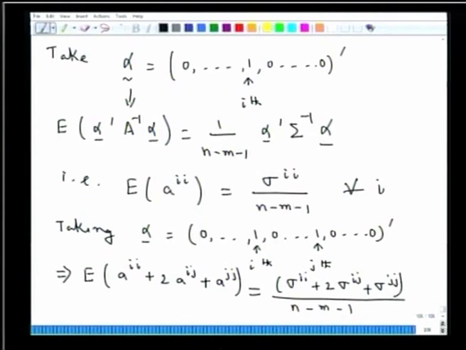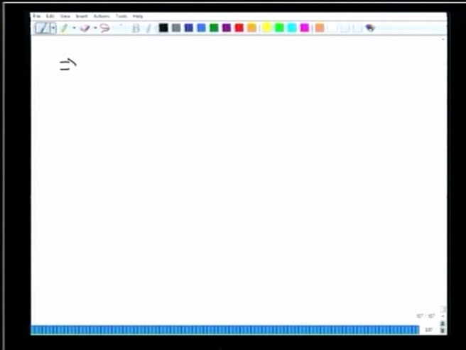Now we already have the expectation of each of these A upper ii to be equal to sigma upper ii by n minus m minus 1, and hence this can be replaced. So this would further imply that expectation of A upper ij would be given by sigma upper ij divided by n minus m minus 1.